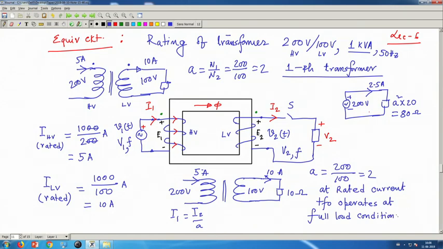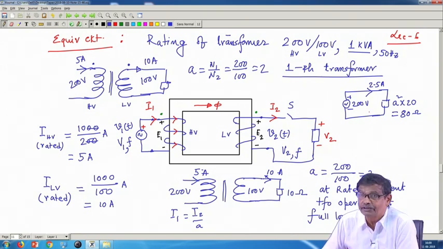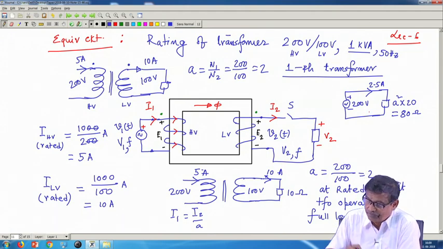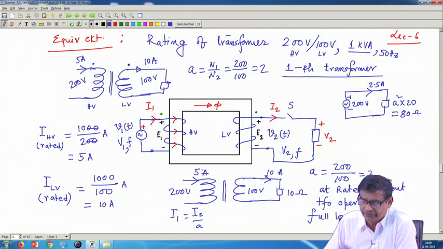Got the point. And another thing, we immediately come to the conclusion that on the high voltage side, voltage is high, current will be less compared to the LV side, where voltage is less, current is high, because the product is to remain the same. So, if voltage has reduced, current must increase by the same proportion. That is why KVA remains same, volt ampere.